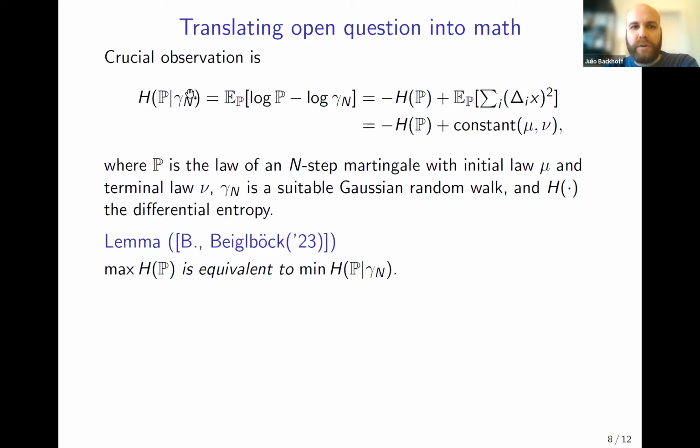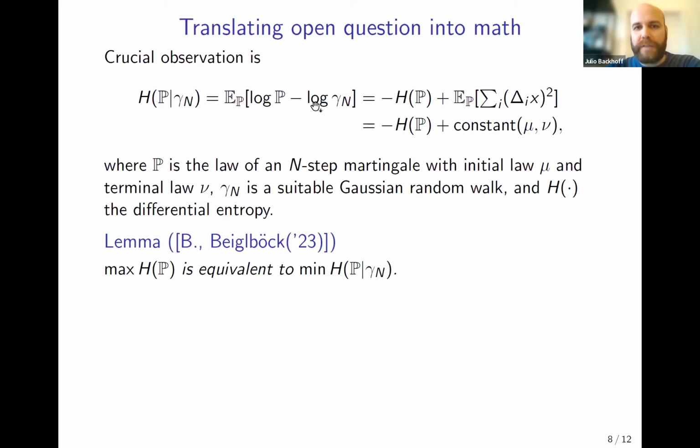So I can separate the log of the relative density as this difference of logarithms. Now, the first term here, the expectation of log P dP, is minus what people call the differential entropy. So essentially the relative entropy with respect to Lebesgue measure. And what about this other term? So gamma n is the density of the Gaussian random walk. That means gamma n is of the form e to the minus a sum of increment squares.